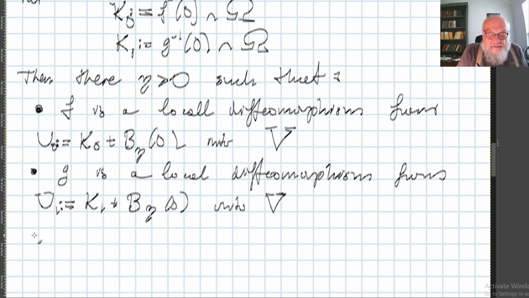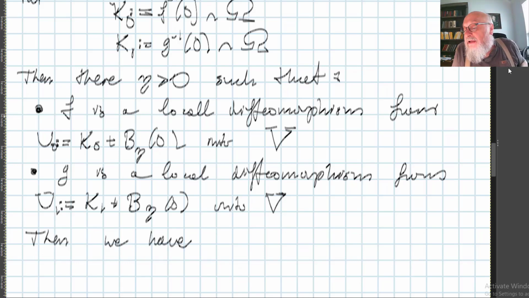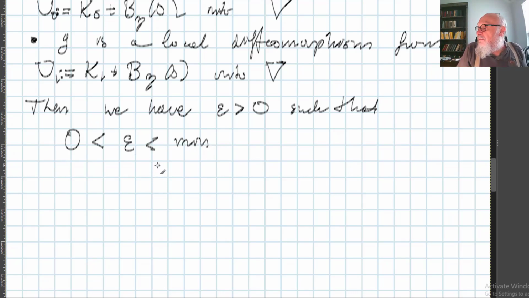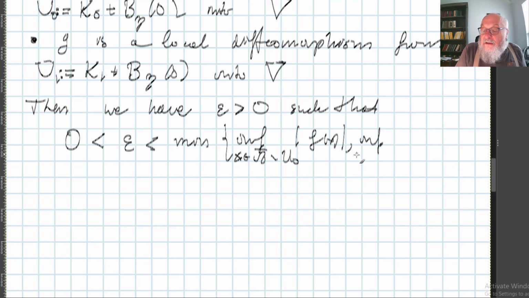So I can take a number epsilon larger than 0, such that epsilon is smaller than the minimum of two values: the infimum over x belonging to omega minus U0 of f of x, and the infimum over x belonging to omega minus U1 of g of x.